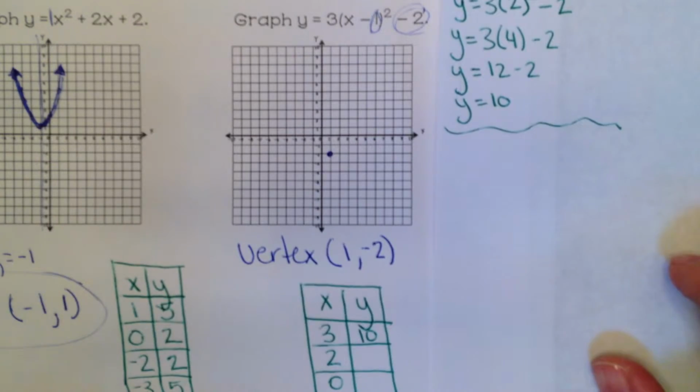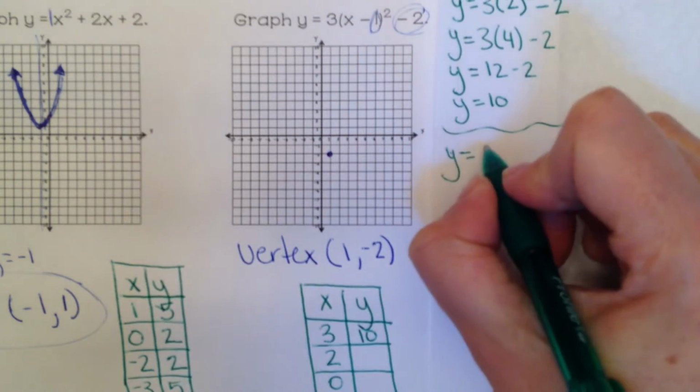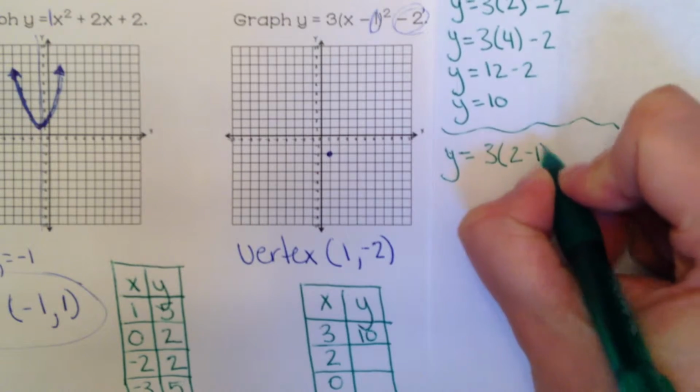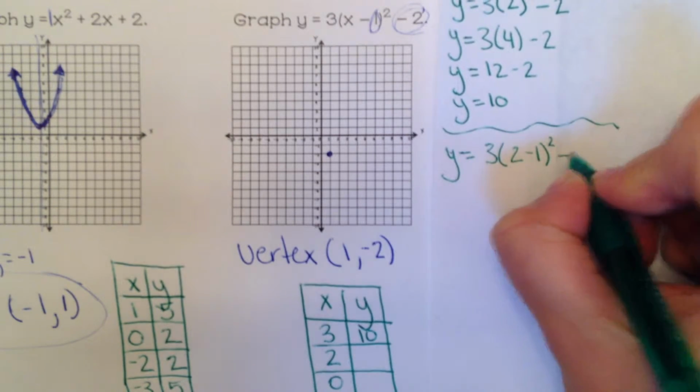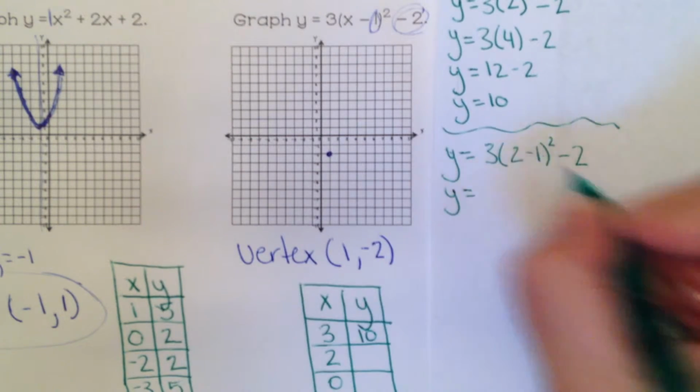Okay, and I'm going to plug in my next point. X is 2. We have y equals, plugging it into the equation, 3 times 2 minus 1 squared minus 2. Start inside the parentheses, 2 minus 1.